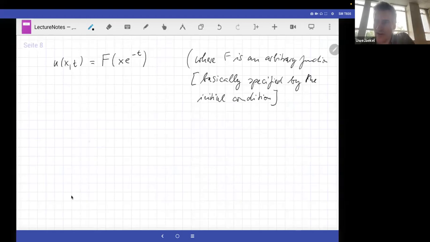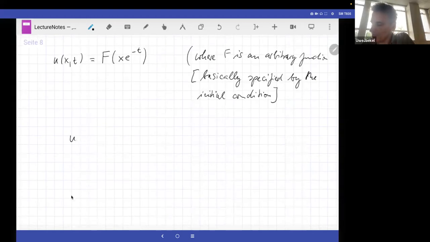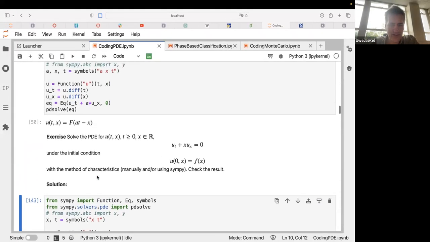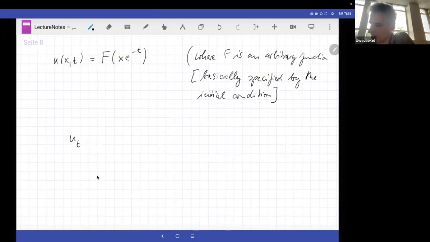So our problem was, let me take the same formulation, u_t plus x u_x equals 0.